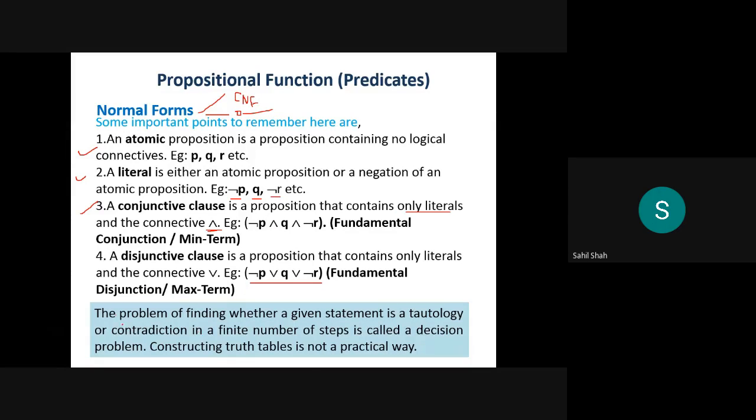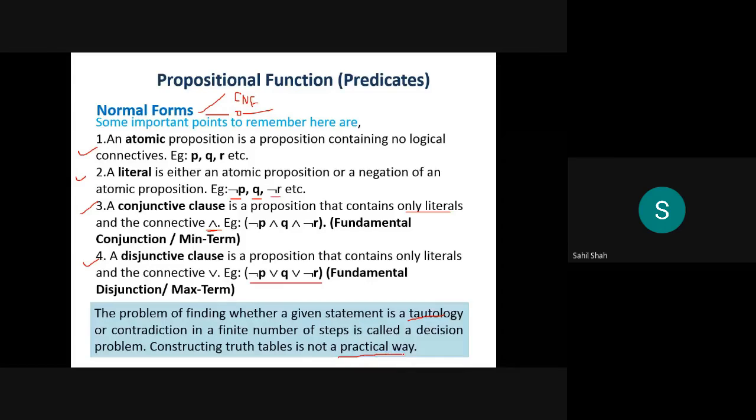So whatever I was discussing prior to the start of the slide, the problem of finding whether a given statement is a tautology or contradiction in a finite number of steps will be called a decision problem. We have to decide how many steps are required for checking whether a given preposition is a tautology or contradiction. As the number of such prepositional variables increases, constructing a truth table is not practical.